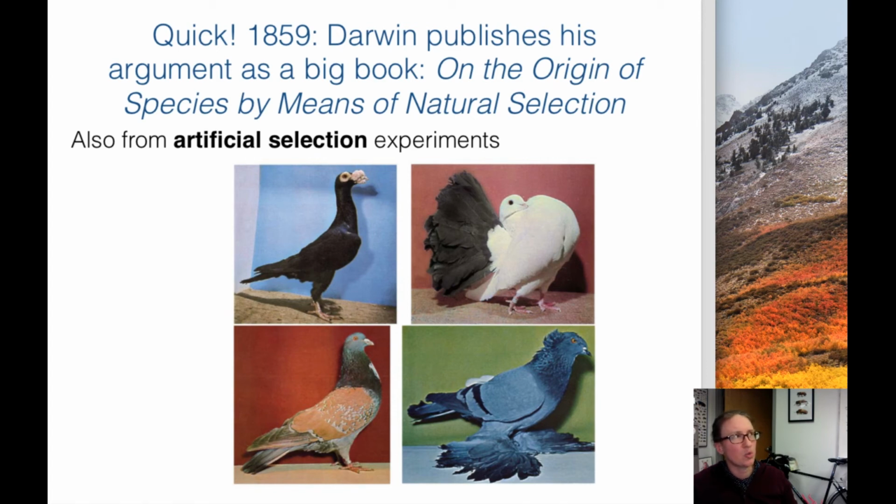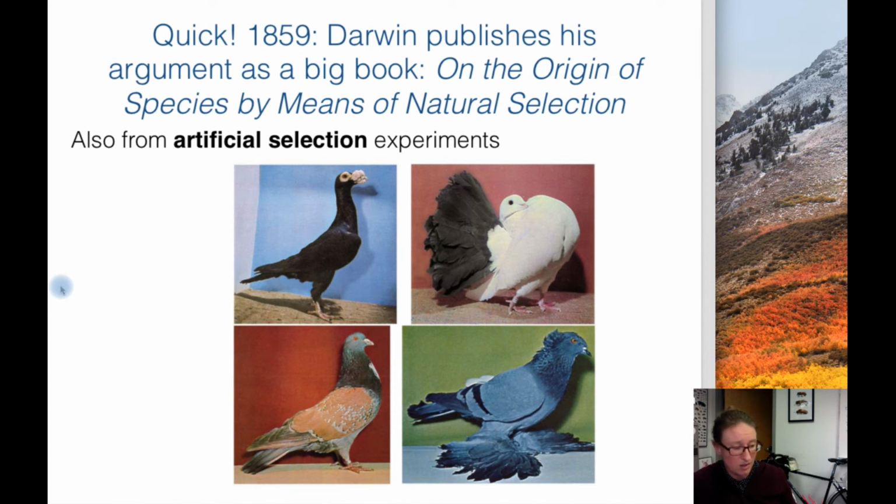And in addition to relying on his observations from his globe-trotting era, he also brought in evidence from artificial selection experiments. So people at the time were as obsessed with birds as Siena students are obsessed with squirrels. And part of that obsession involved breeding different bird varieties. So this picture here is a set of pigeons bred up by pigeon fanciers to have very, very different characteristics.